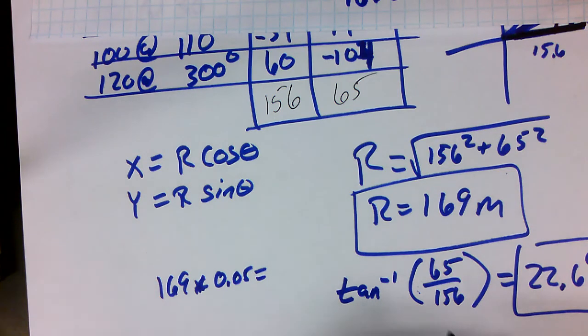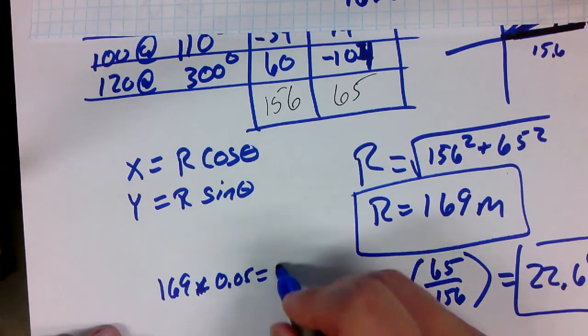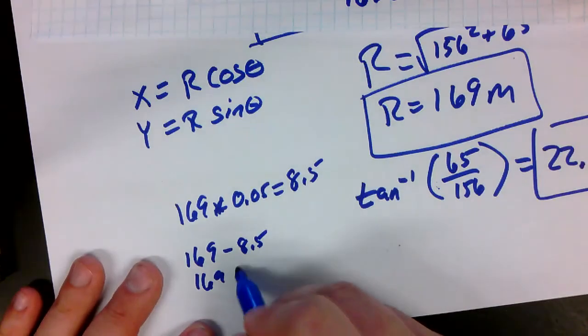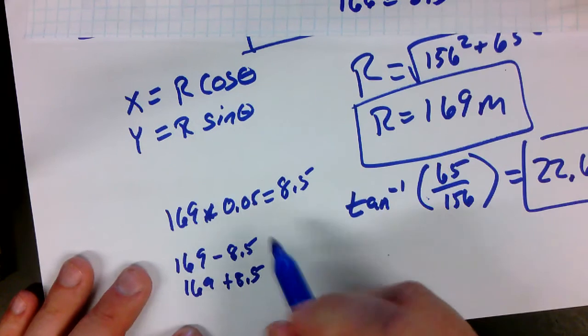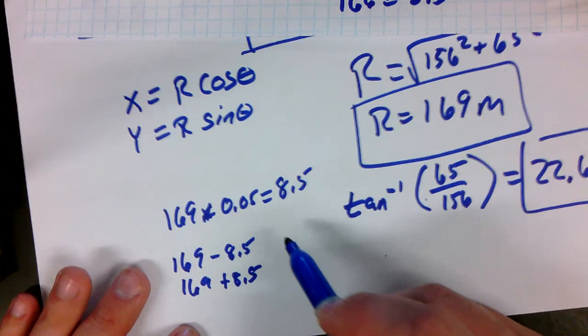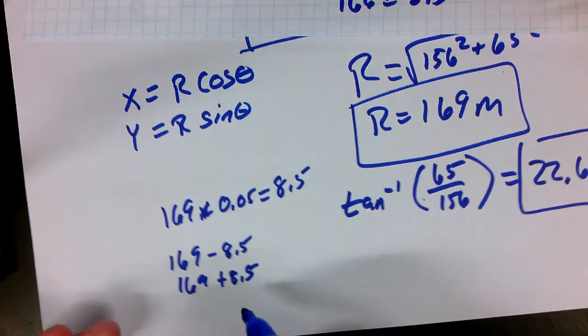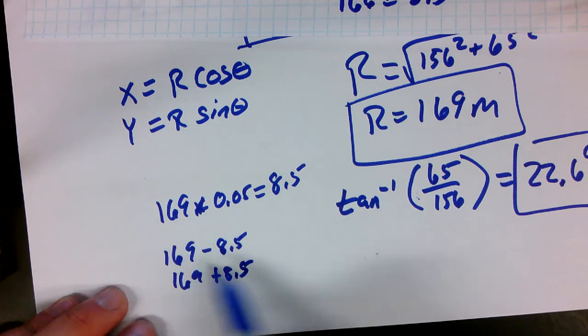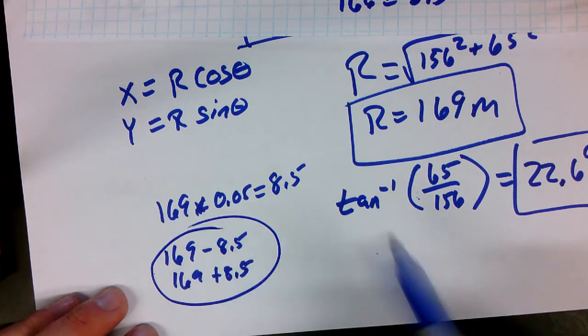So it's 8.5 actually now. So 169 minus 8.5, 169 plus 8.5. Our original 166 fell in that range. So you would say that graphically we did it right, and this is the answer algebraically. So this is the right value. We're just finding if our graphical way worked.